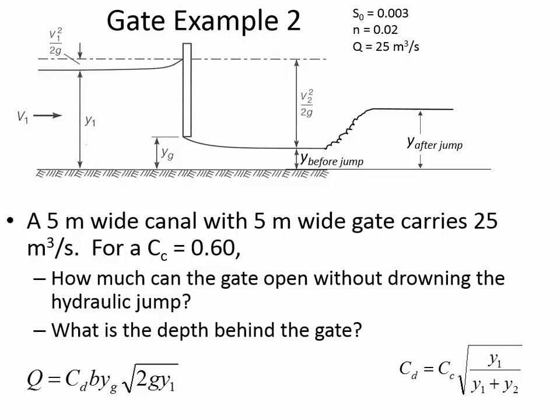So the critical depth is 1.366 meters. Since y sub n is bigger than y sub c, yes, there will be a jump. So that means the subcritical slope.